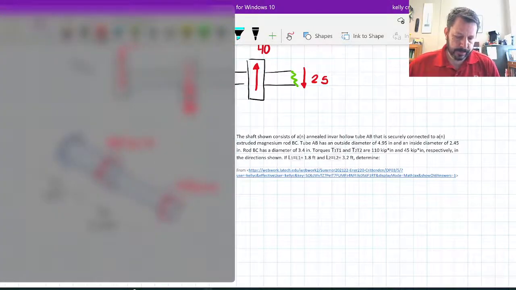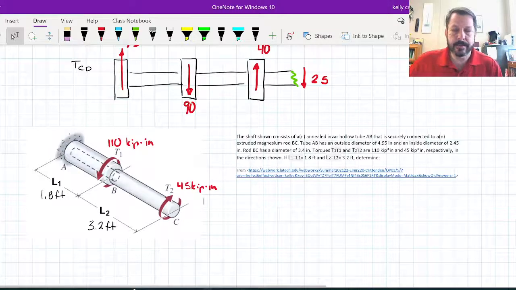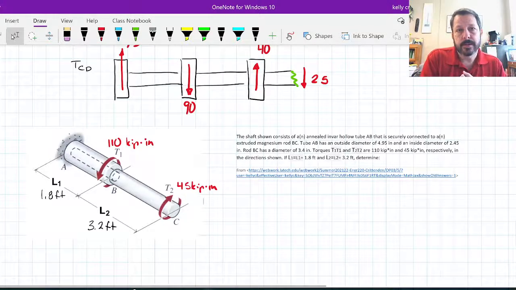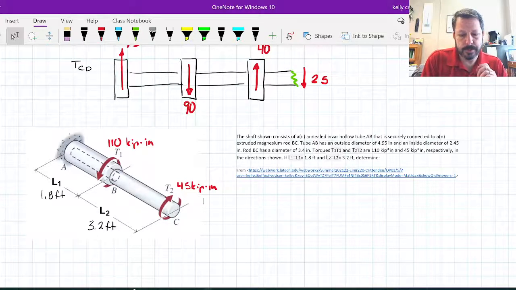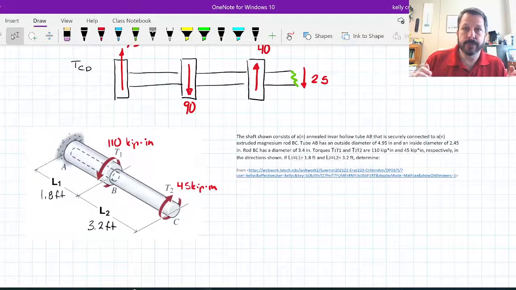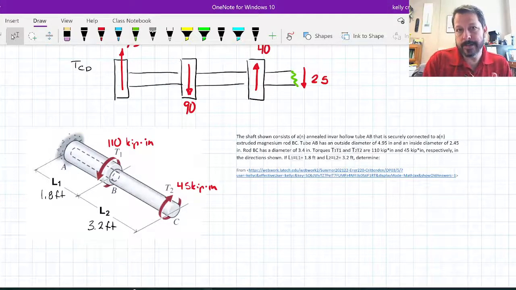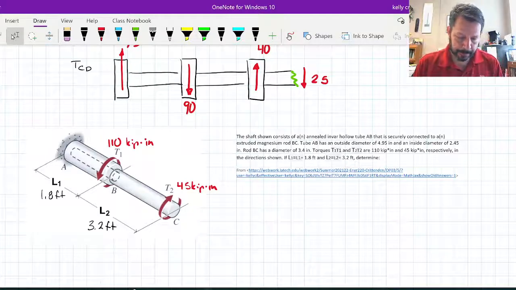Unless we were doing the factor of safety, the materials don't actually mean anything for what we're doing here. What they mean for this problem is that it also asks us for an angle of twist, which depends on the modulus of rigidity, the same idea as modulus of elasticity, except applied to torsion.